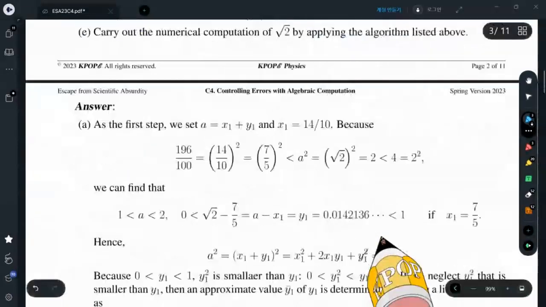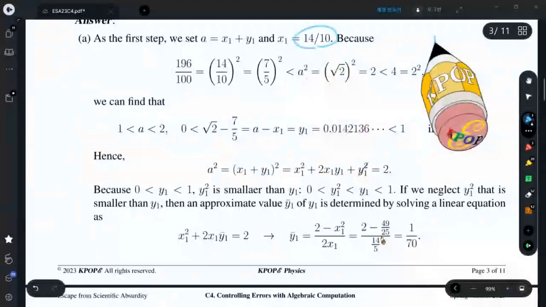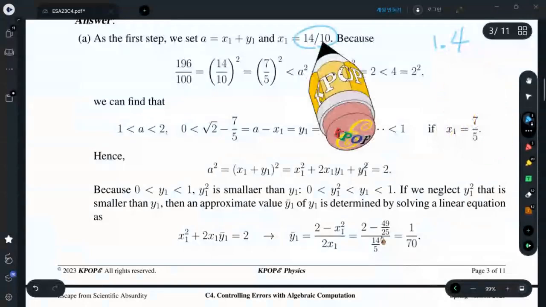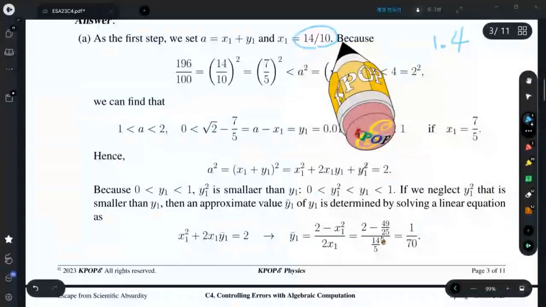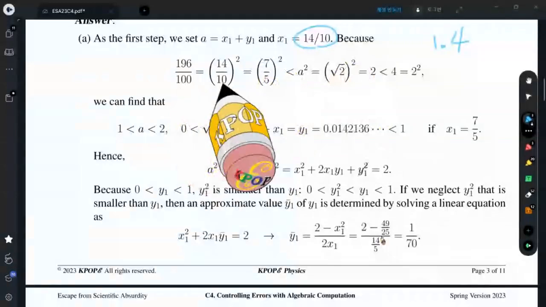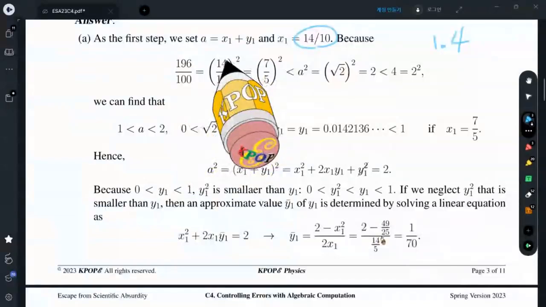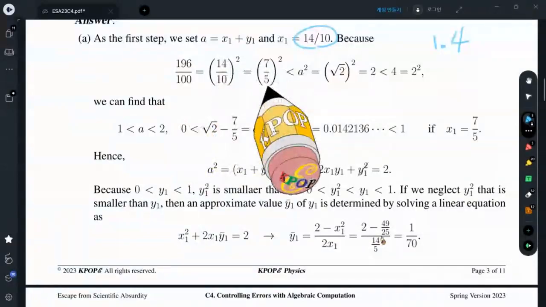First step, we begin with 1.4, that is 14 divided by 10. So why don't we substitute: 196 is 14 over 10 squared, and we can simplify to 7/5 squared.